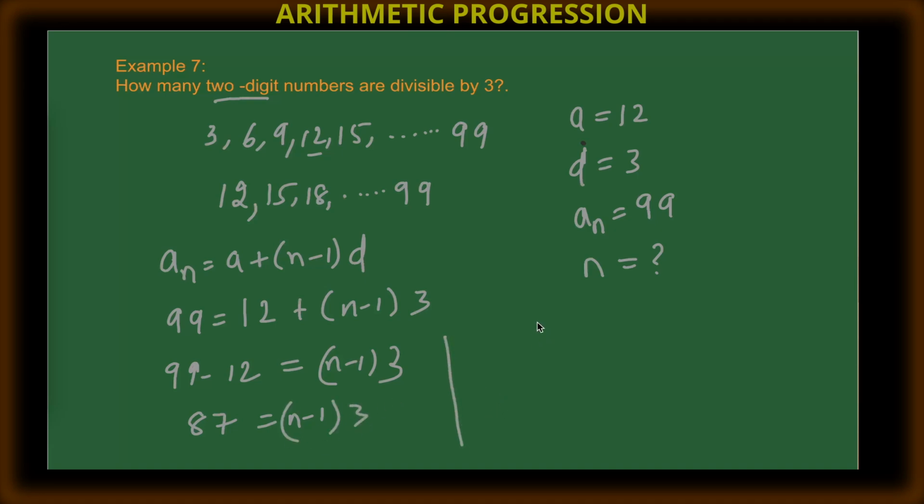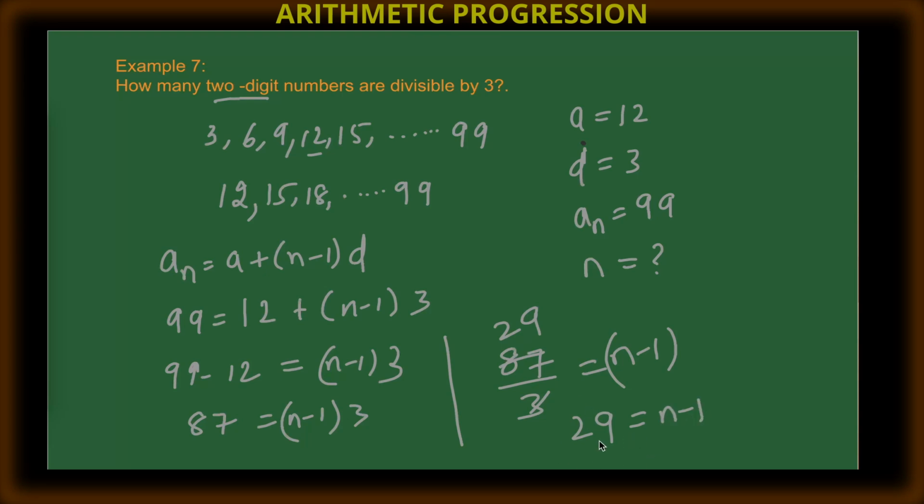Let's bring this 3 over here, it gets divided: 87 divided by 3 is equal to n minus 1. Does 3 go into 87? Yes, 90 is nearby, so it goes 29 times. So 29 is equal to n minus 1.